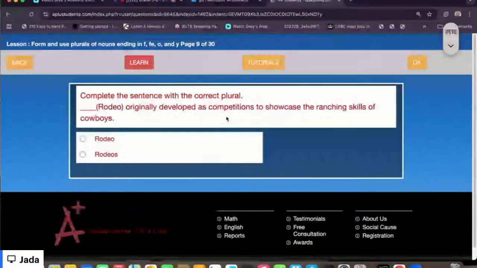Rodeo originally developed as competition to showcase the ranging skills of cowboys. So which one here? Okay, so the plural.